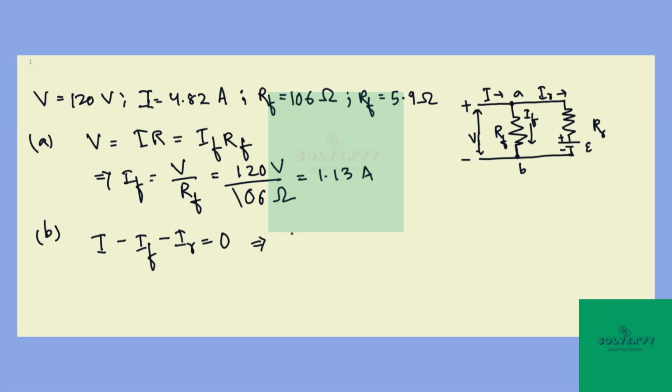From here we can find IR, which is equal to I minus IF. We know the value of the total current, and we found IF in part A. So we use those values and we get IR to be 3.69 ampere.